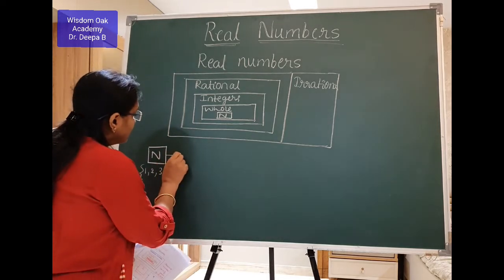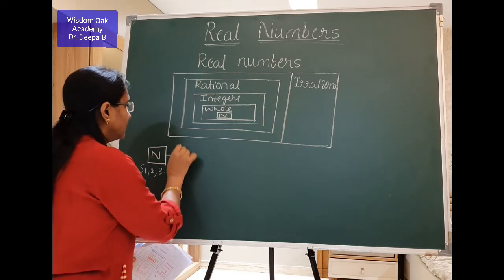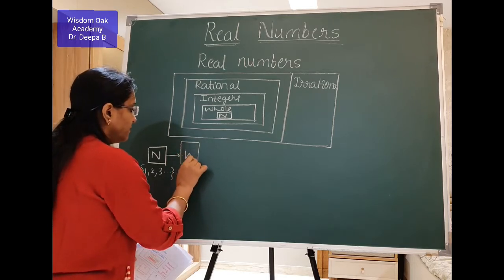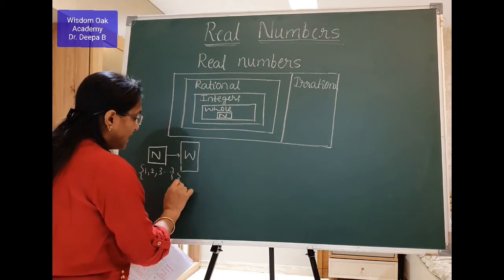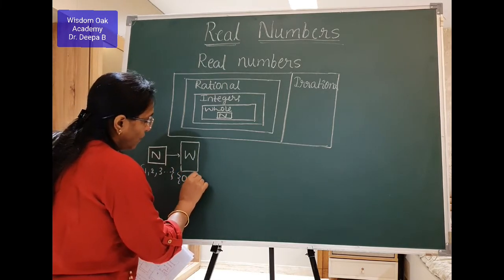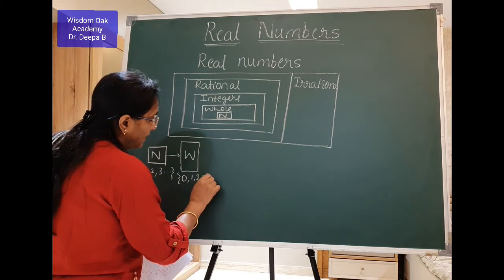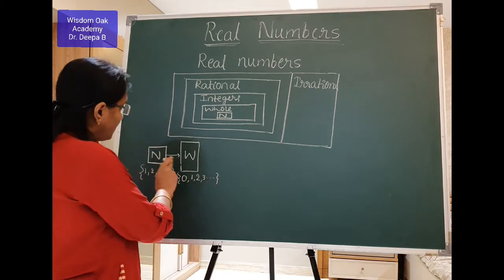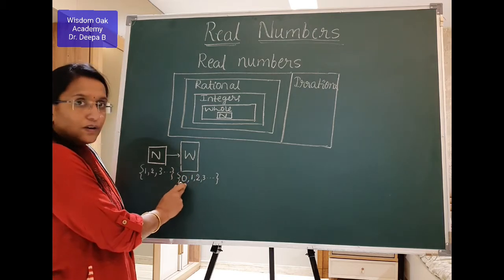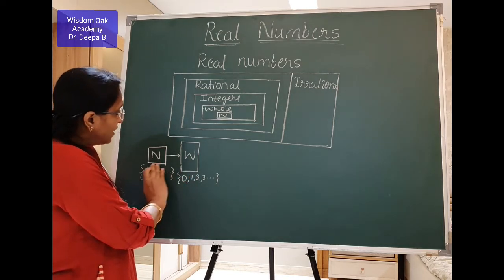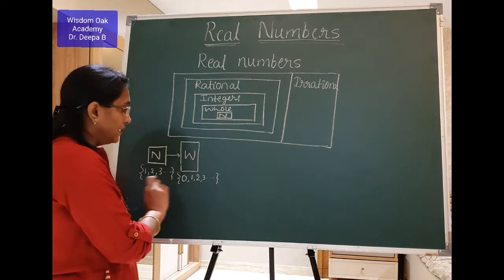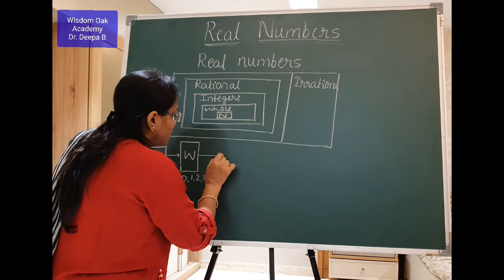Then little bigger than this, that is set of whole numbers. Here it consists of 0, 1, 2, 3 and so on. So difference between natural number and whole number is here 0 is there. Now in natural number set and whole number set, only positive terms are there. Now let us consider negative terms.